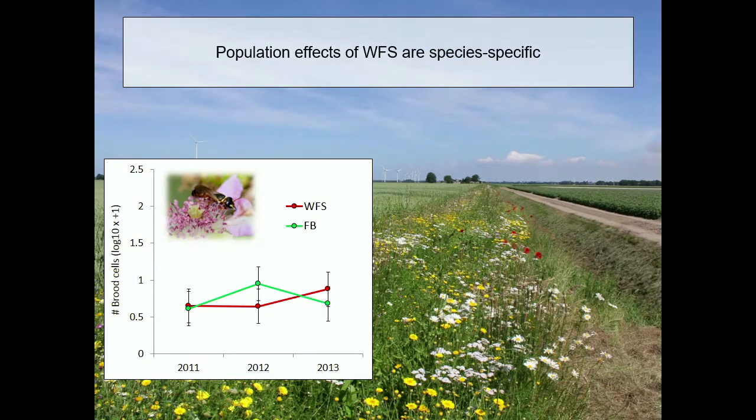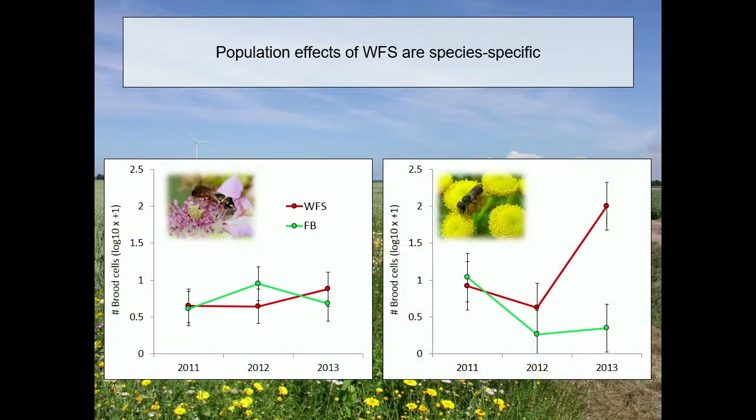But it makes sense because this bee species mainly forages on bramble, and farmers do not really like sowing bramble in their fields, so we didn't put it in our wildflower strips. But we did put yellow Asteraceae, Tanacetum vulgare, and this bee species really is fond of Tanacetum vulgare.